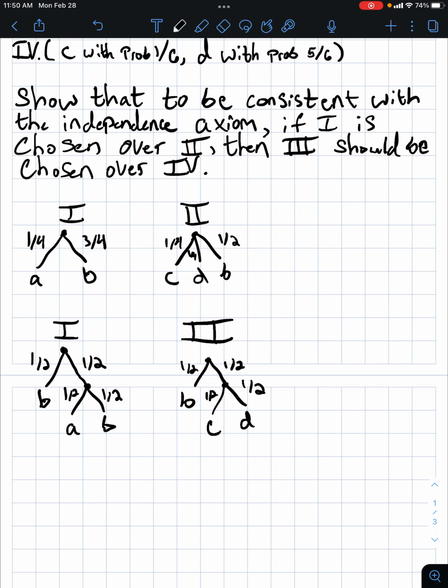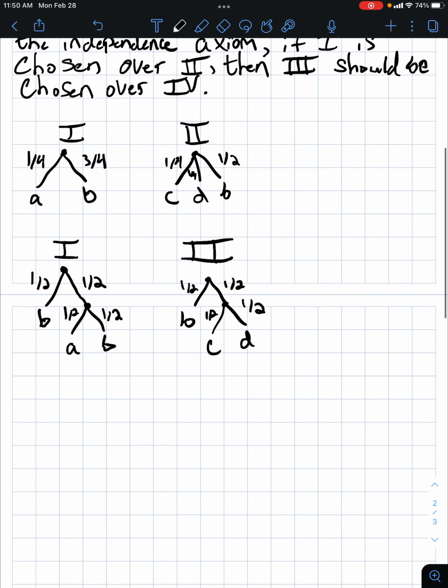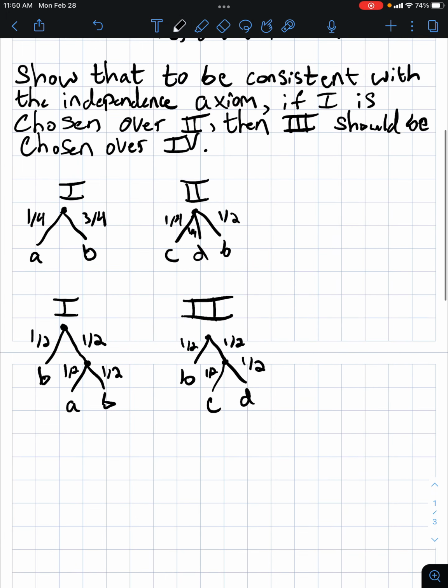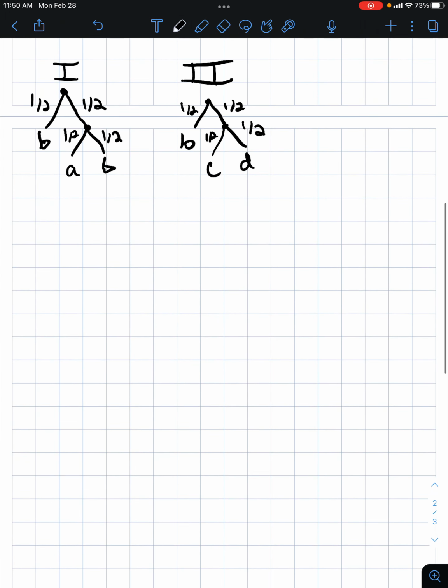So we can see that 1 can be chosen over 2 in this case. Now we need to do the same thing for lotteries 3 and 4.